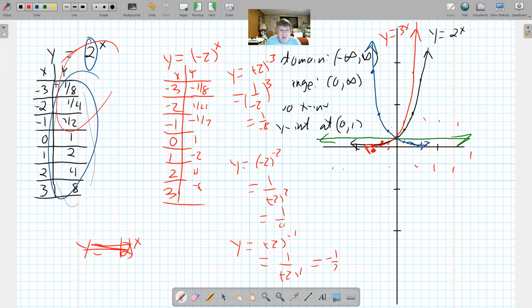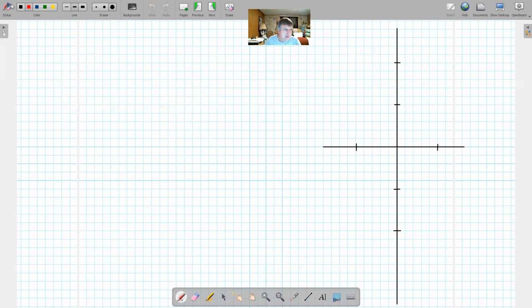So what we get are the following things, okay? If we have an exponential function in the form of y equals b to the x, the base has to be greater than 0. The base cannot equal 1.